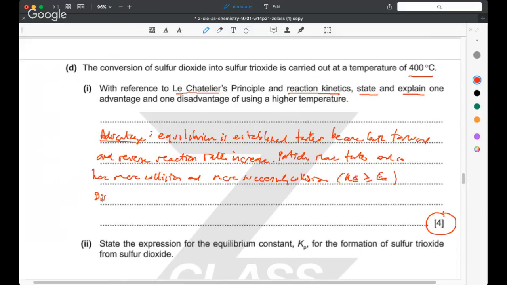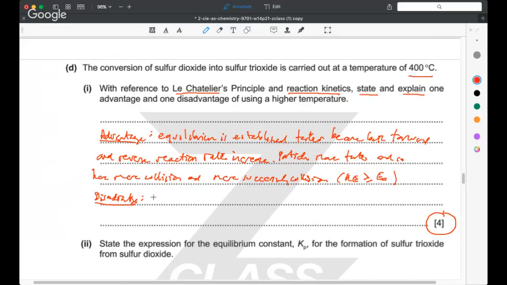And for our disadvantage, we're going to state, according to Le Chatelier's principle, that increasing the temperature favors reactant, not product.